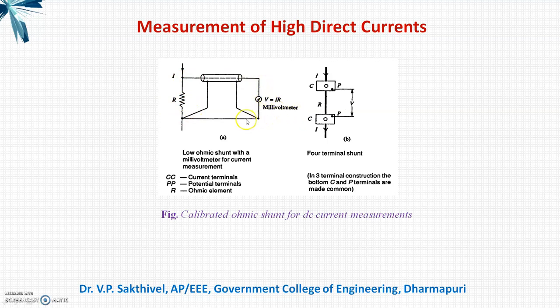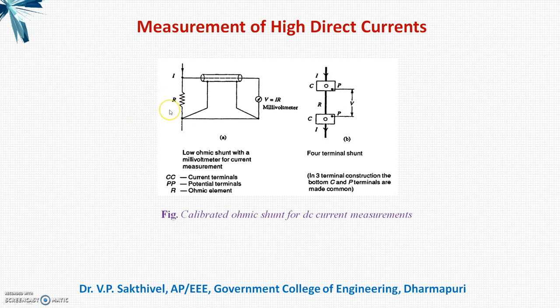Okay, this meter is connected to the resistor through a cable. That is, high magnitude DC currents are measured using a resistive shunt of low ohmic value, and the voltage drop across the resistance is measured with the help of a millivoltmeter.